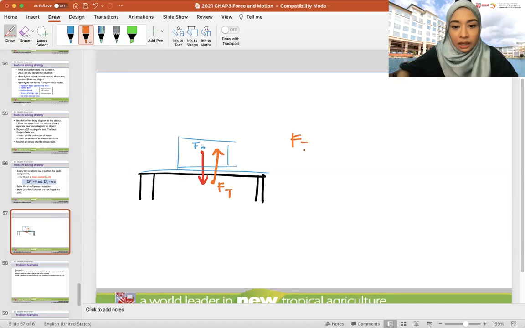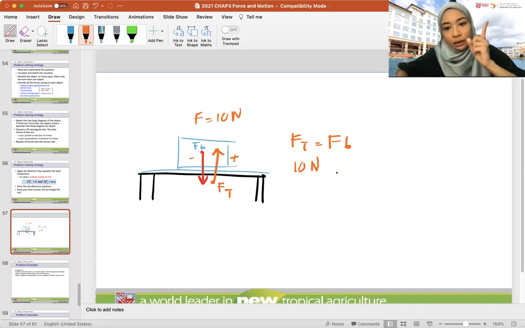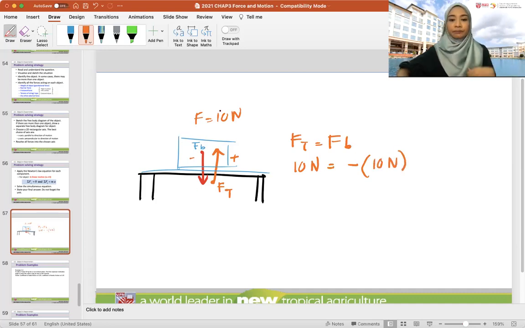So F table and F box are equal, but they are opposite in direction. Conventionally, we would say that forces that go down are negative and forces that go up are positive. So Ft is equal to Fb. If F is equal to 10 Newton, then this would be 10 Newton going up, and this is minus 10 Newton going down. Fb is going down. So they have equal magnitudes but opposite direction.